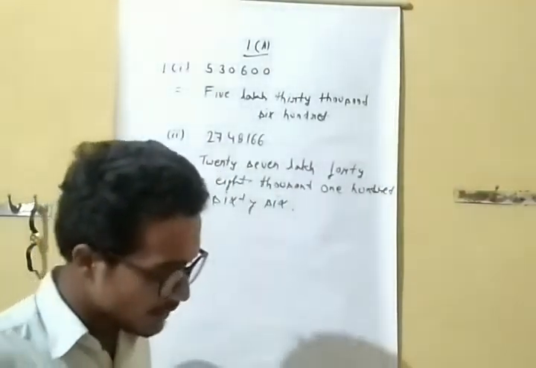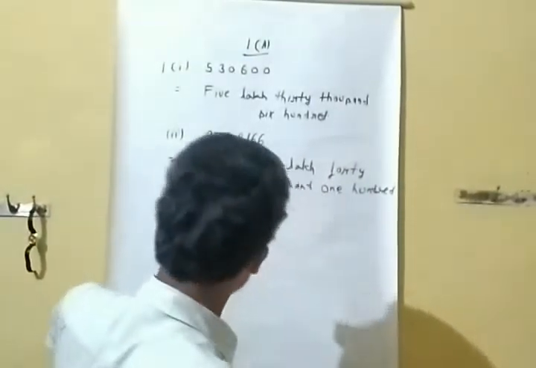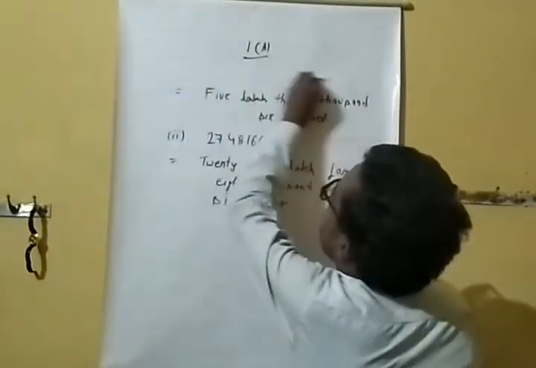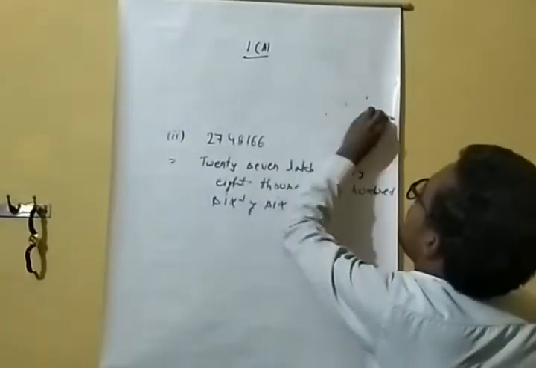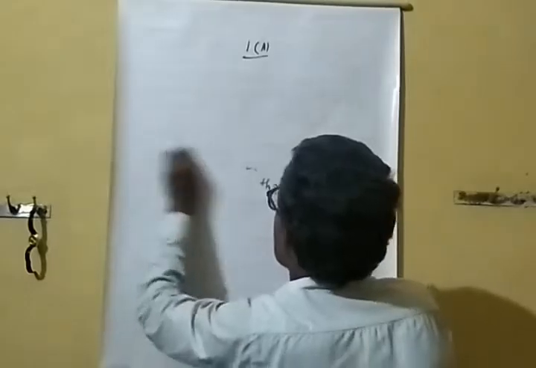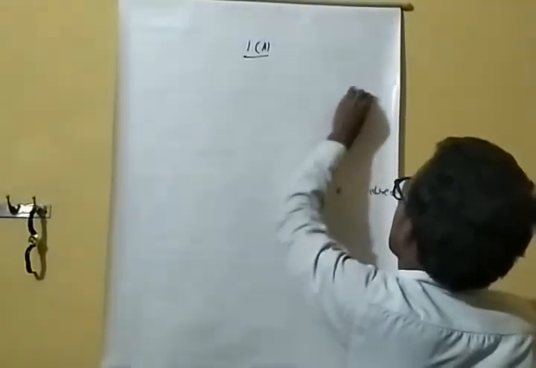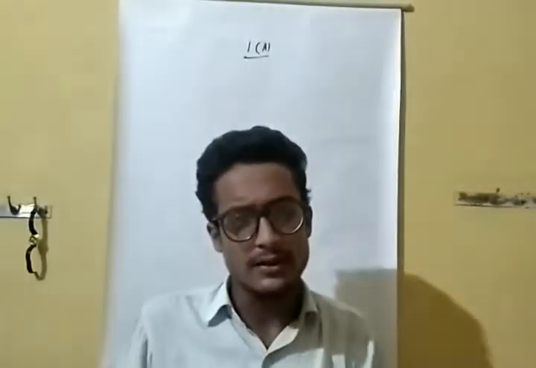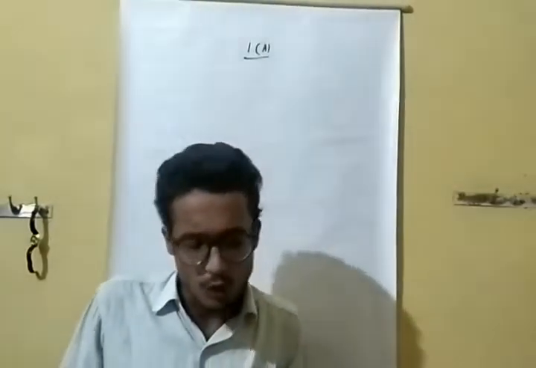Now we will come to the second question. First we should erase the board. The second question is: write the following numbers in figures.